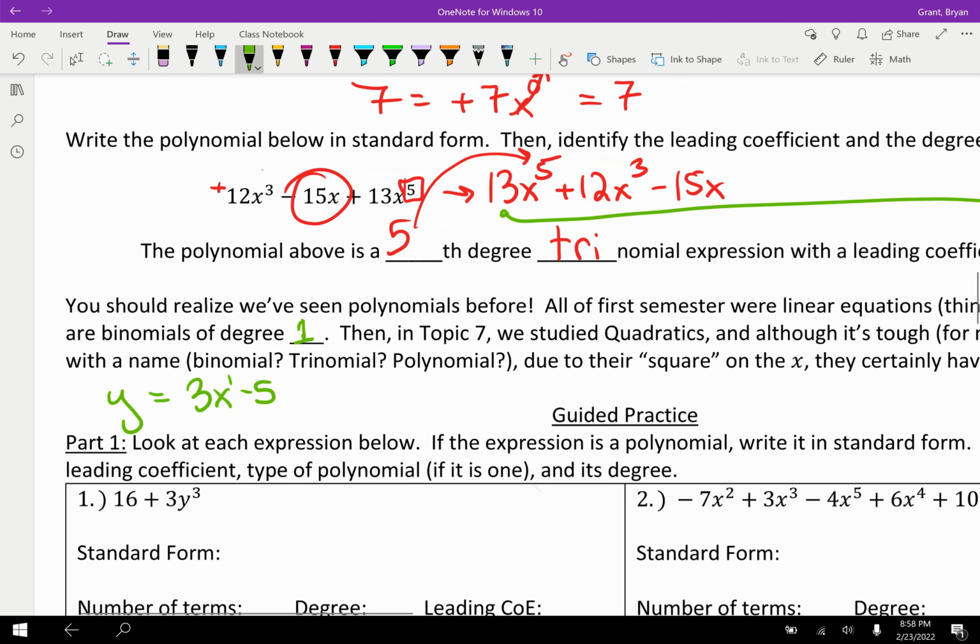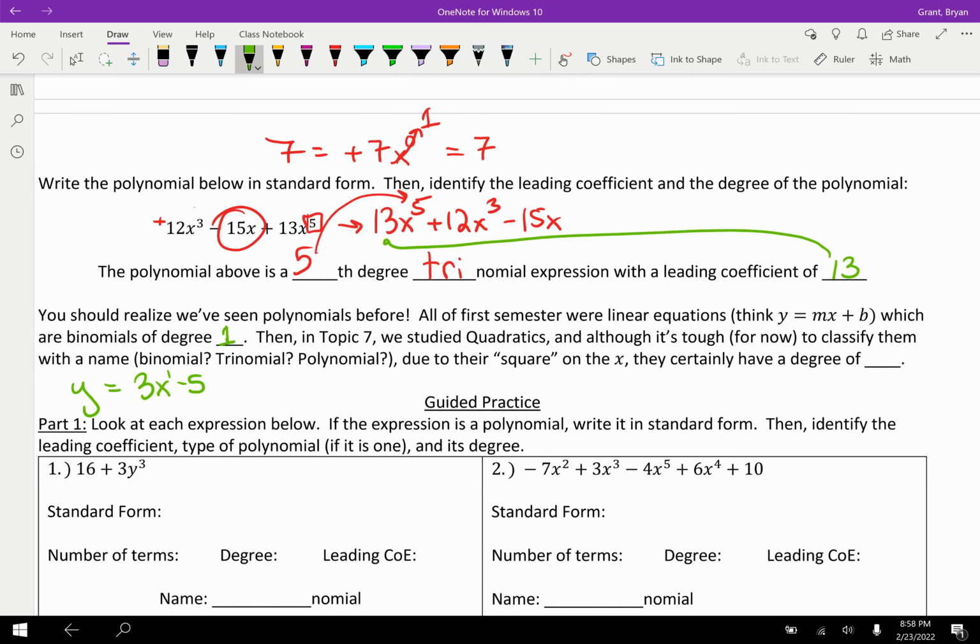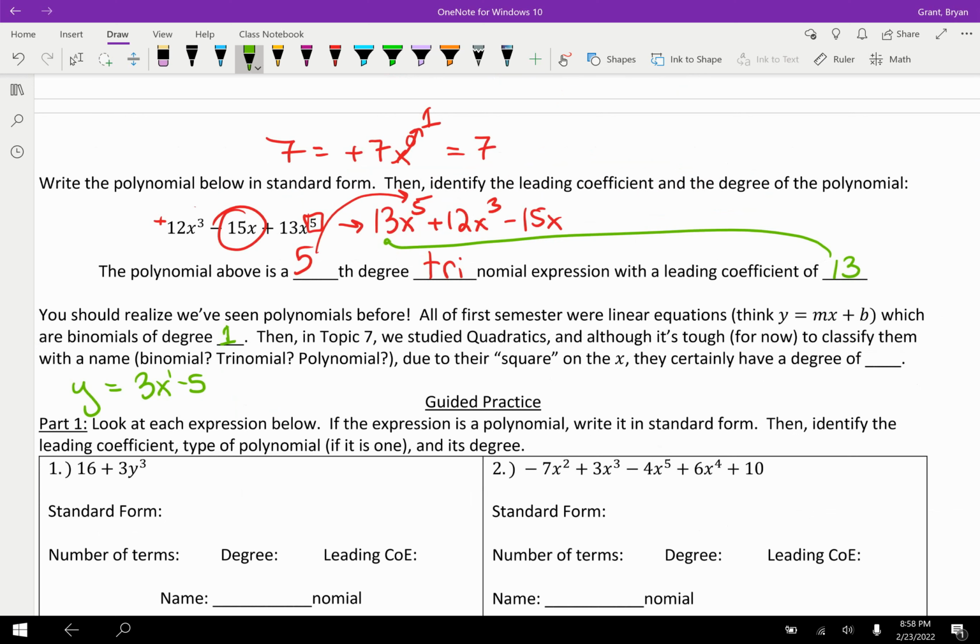Then in topic 7, we studied quadratics, and although it's a little tough for now to classify them with a name, an example would be y equals 3x squared minus 5. That's something we know how to graph. These are binomials, but because of that 2, they have a degree of 2. In fact, after this lesson, most of the polynomials we look at are going to have a degree of 2. That square is going to be the largest exponent we see.